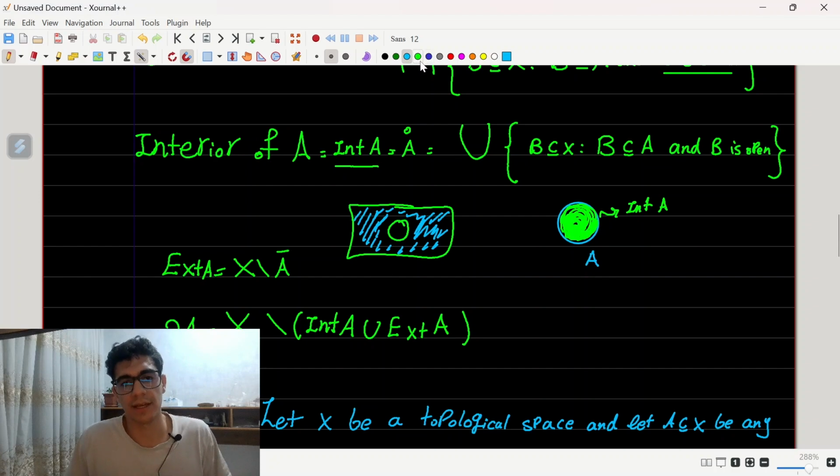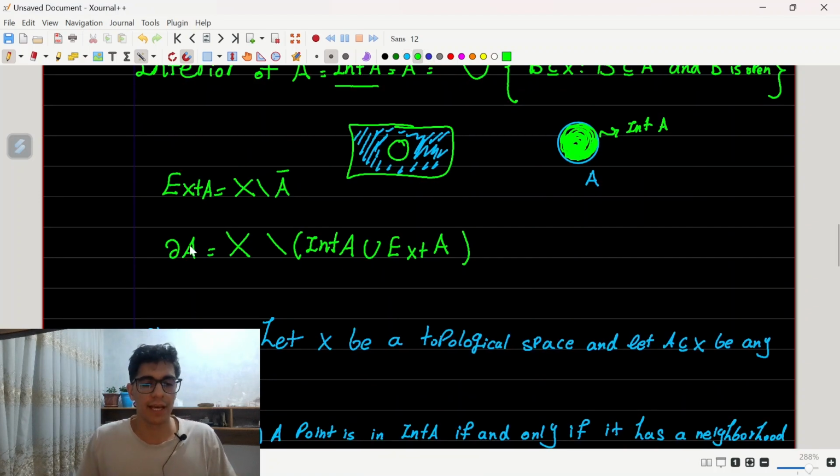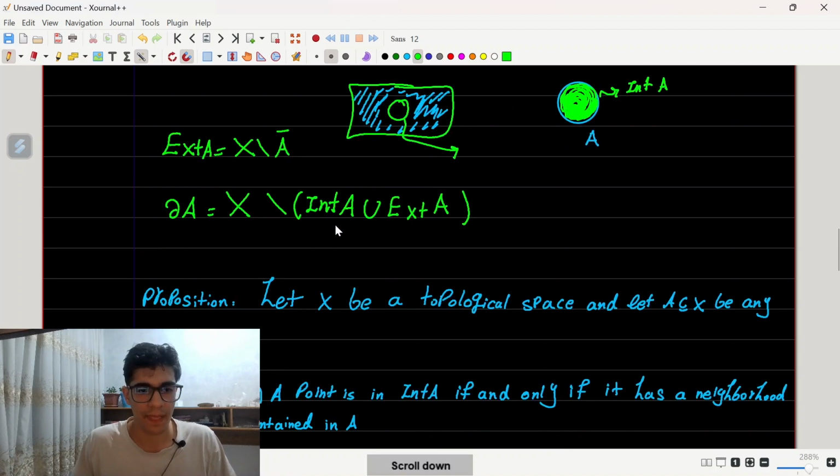So this is a visualization of the exterior of A. Then we have the boundary of A, which is defined to be X subtracted by the union of the interior of A and the exterior of A, which will be this thing right here, this circle. This is the boundary of A.